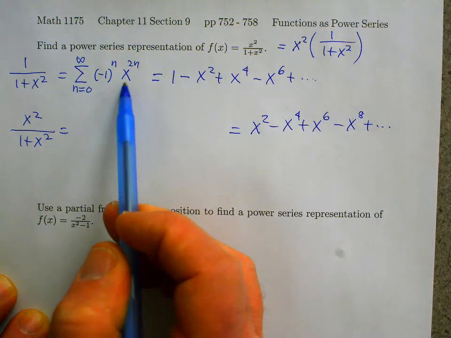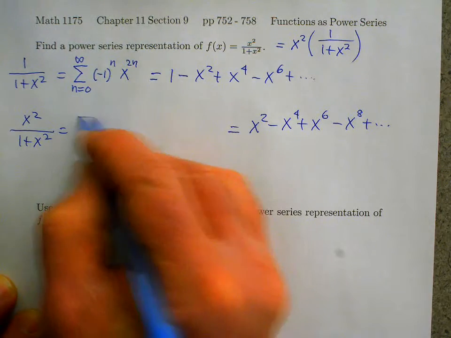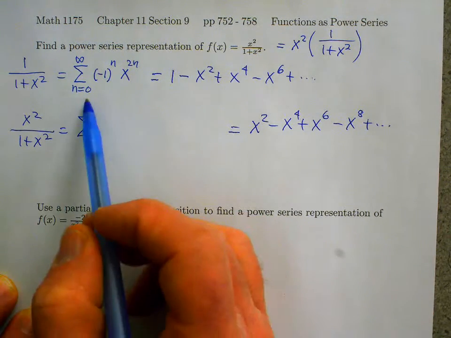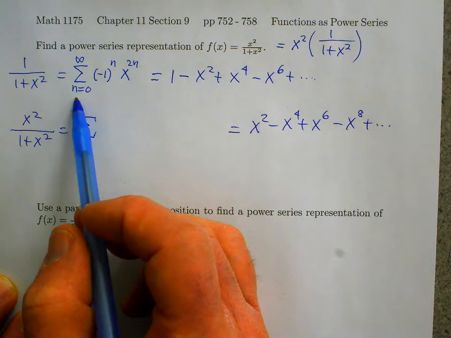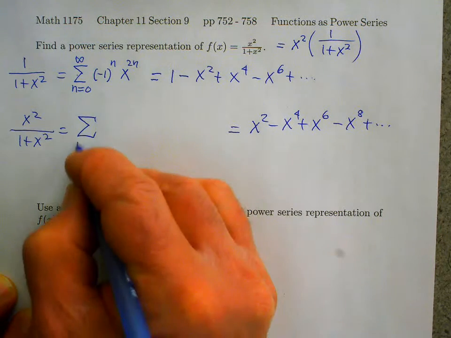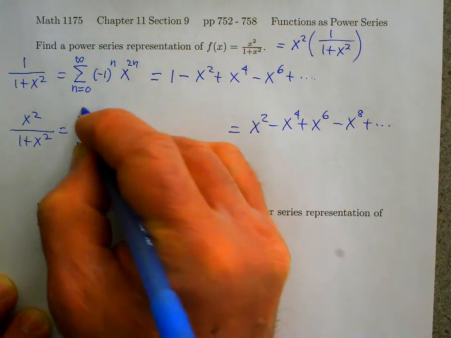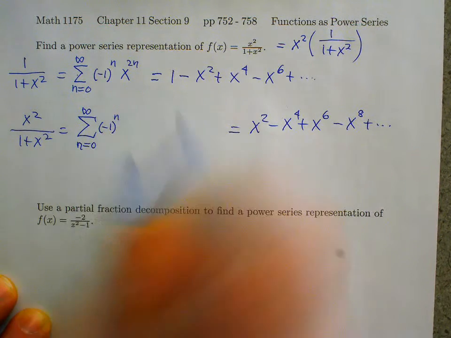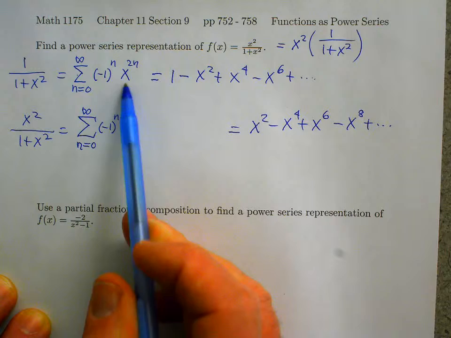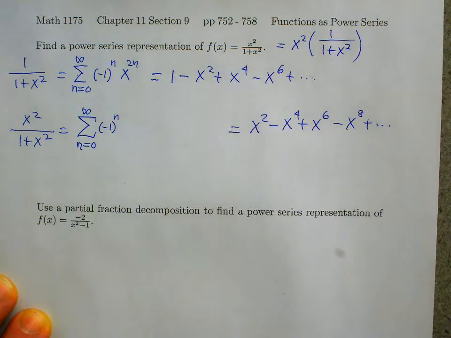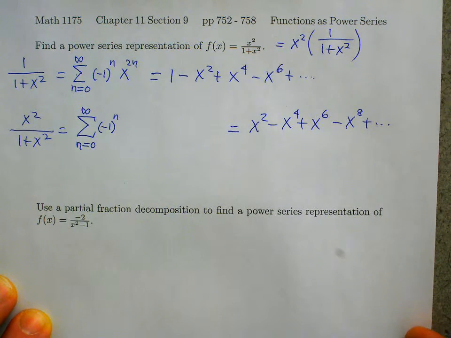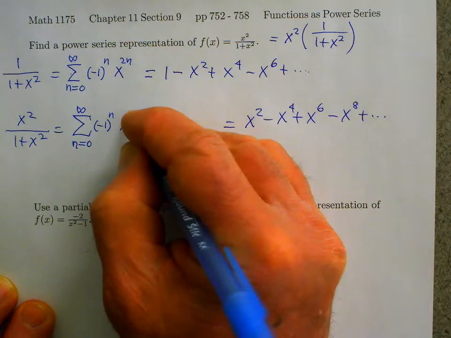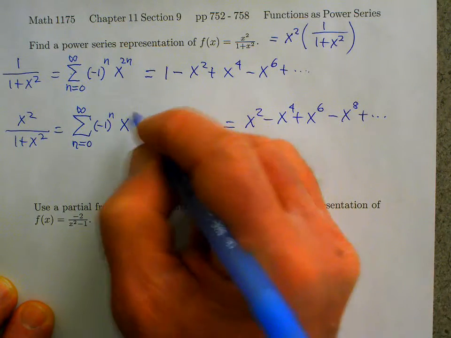Or if you want to make the change in the sigma notation first, you can. When I multiply x to the 2n by x to the second, what do I get? x to the 2n plus 2.